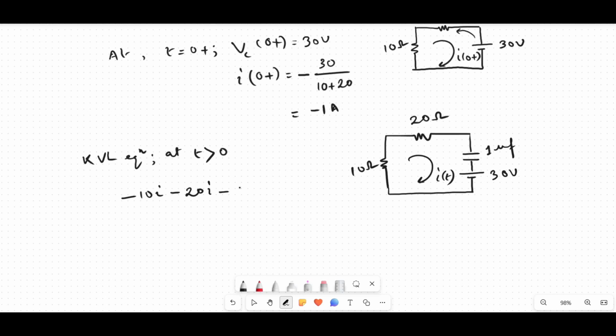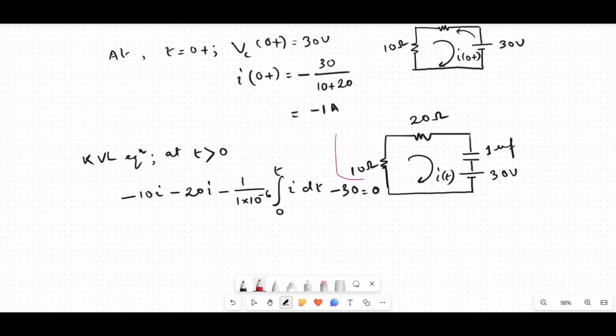Then we have the capacitor, for which the voltage drop will be 1 by C, with 1 microfarad being 10 to the power minus 6, times the integration of i dt, right? Then we have the voltage source minus 30 equals 0.